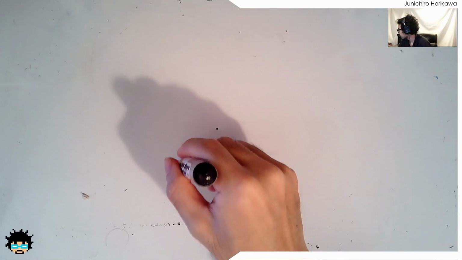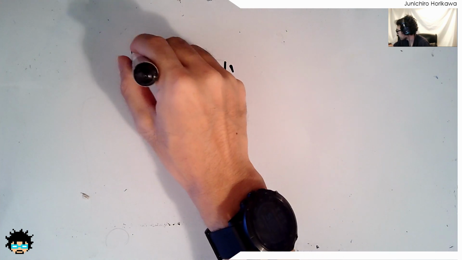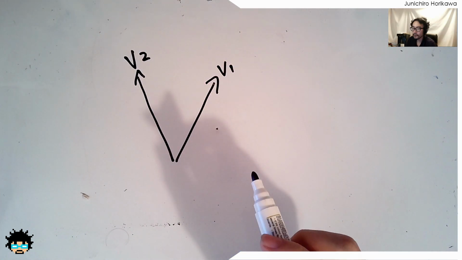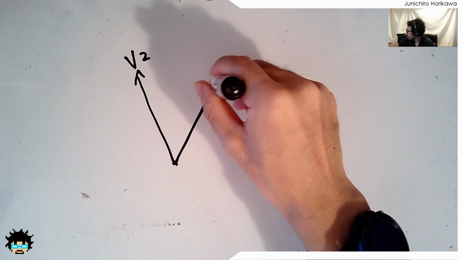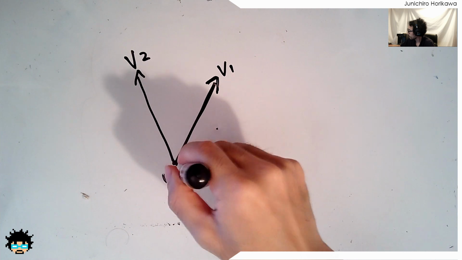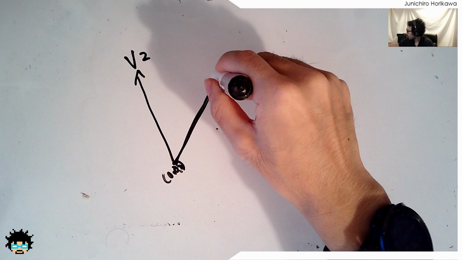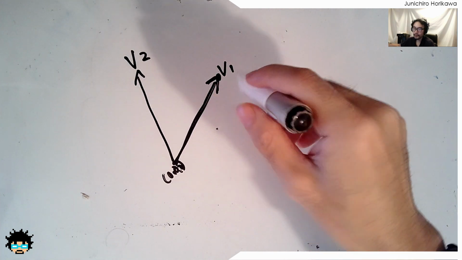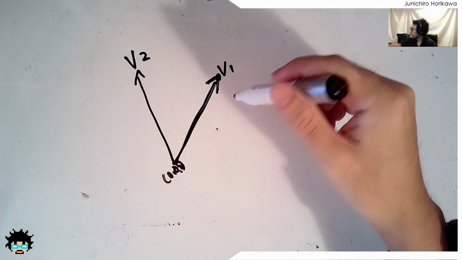In this case, we had V1 in this direction and V2 in this direction, and what we were doing is first having this V1 from 0, 0, 0. And from this point, the end point of V1, we are subtracting this V2.